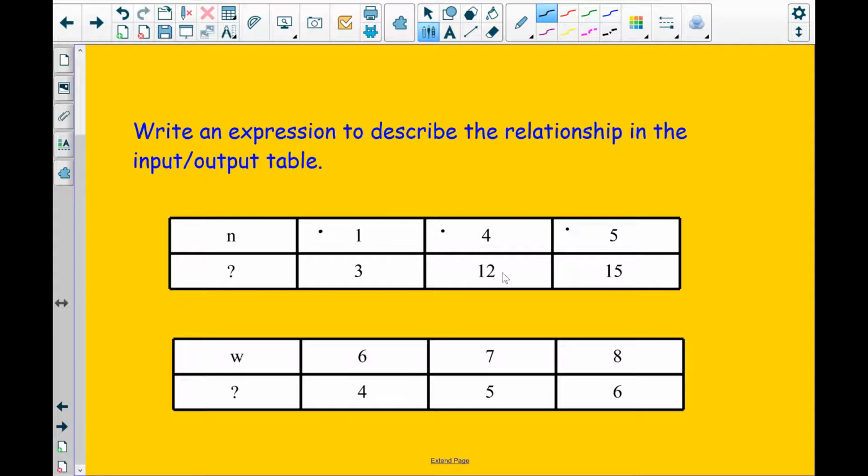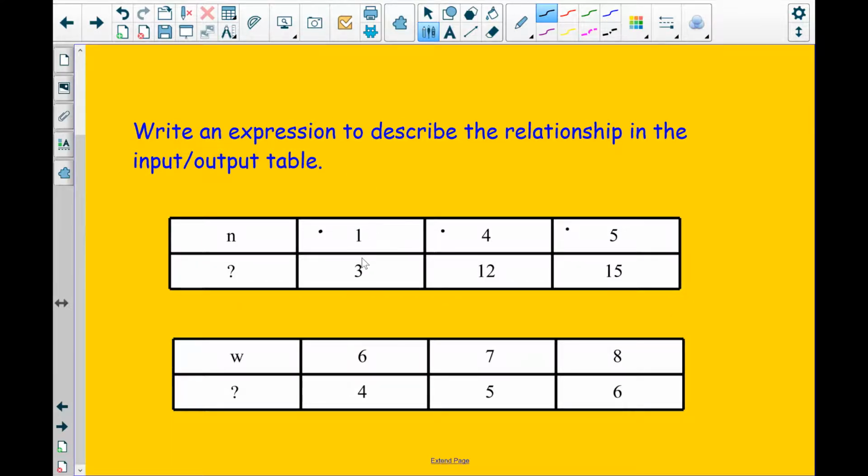So what are we doing consistently to each of these to get the number on the bottom? Well, if I do 1 plus 2, I would get 3, but that's not consistent. If I do 4 plus 2, I don't get 12, and 5 plus 2, I don't get 15. So it's not plus 2 because it has to be the same for everyone. So I could say, to go from 1 to 3, I can multiply.